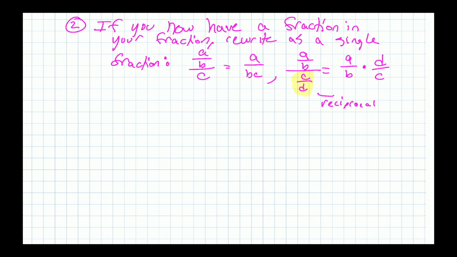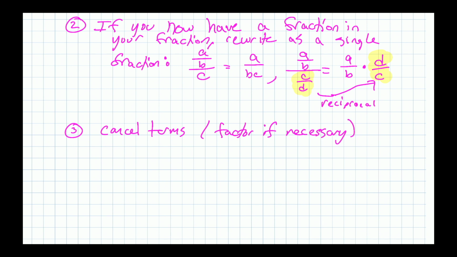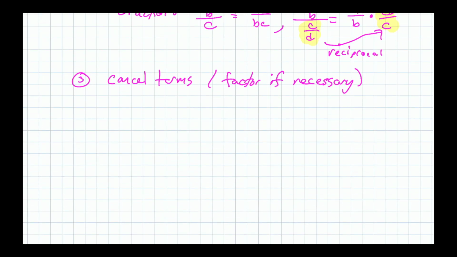So actually the reciprocal is here, right? So that's how you make it one fraction. Now after you do that, you're kind of back to where you started on the other one, where you're going to cancel terms. Technically you might have to factor if necessary. So if you do, you do. And then after you cancel your terms, you should just be able to plug in the number for the limit again, which we call evaluating the limit.